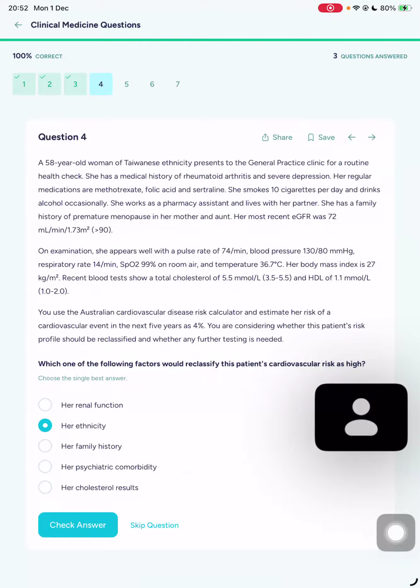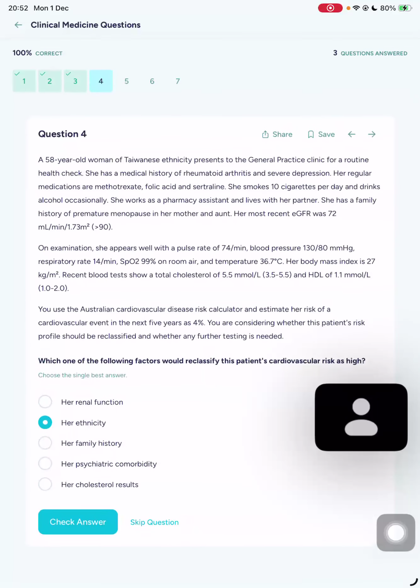So maybe B is not the answer. What should I select here? Psychiatric comorbidity, severe depression. I think maybe psychiatric comorbidity, because Taiwanese, Mongolian, Japanese, Chinese are a low risk group. We saw that, no? Yeah.